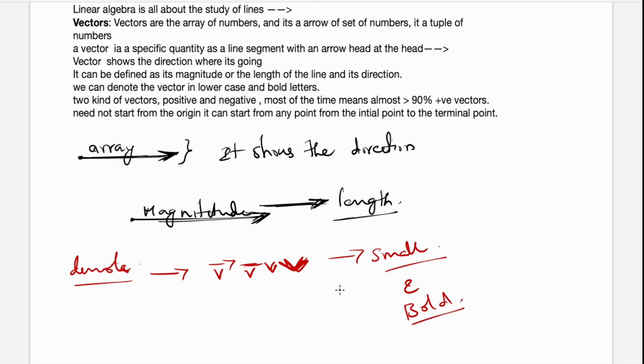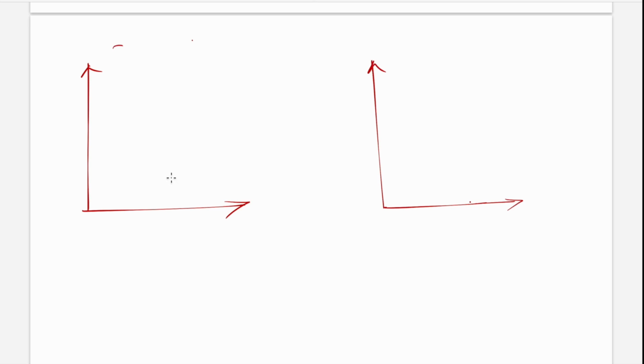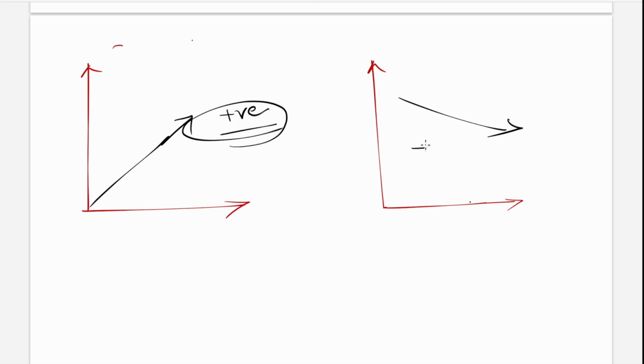There are two kinds of vectors: a positive vector and a negative vector.